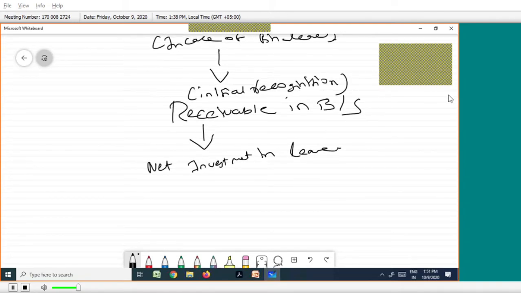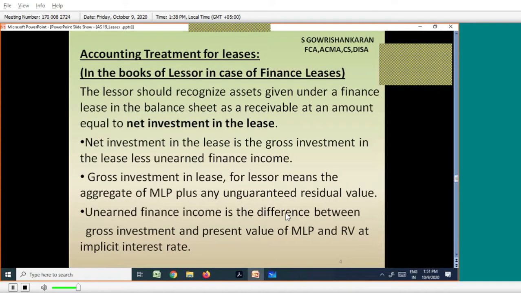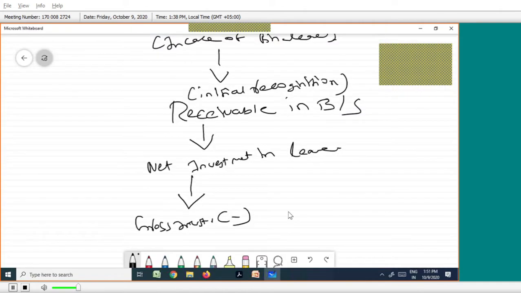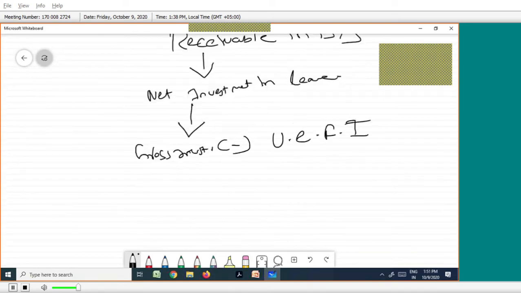How is this net investment in lease arrived at? Net investment in lease equals gross investment minus unearned finance income. How is this gross investment arrived at?